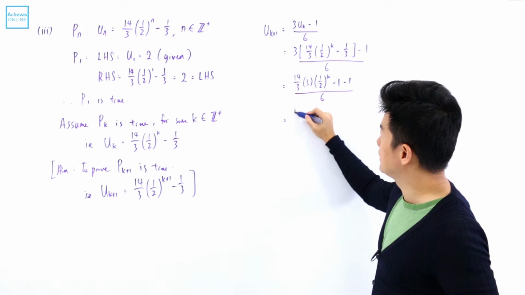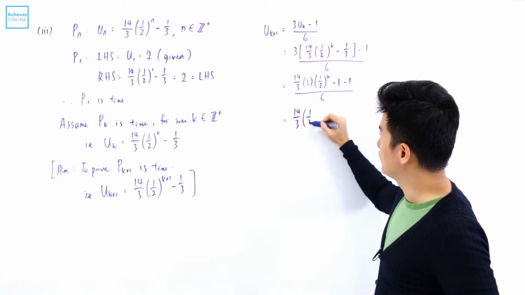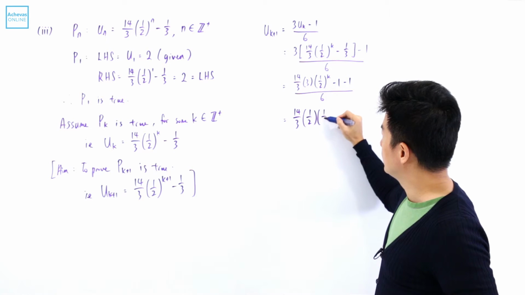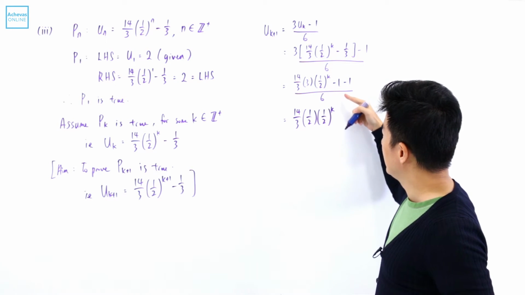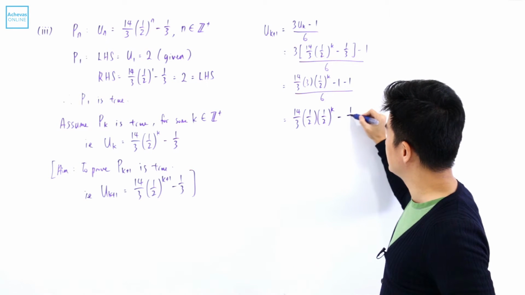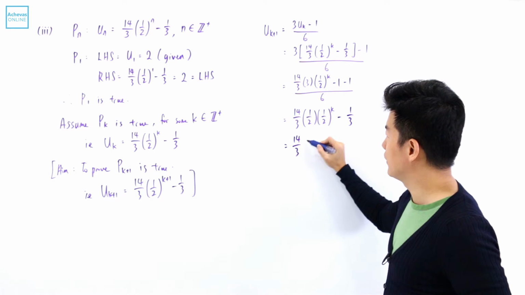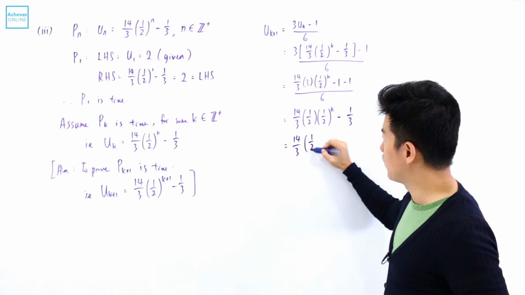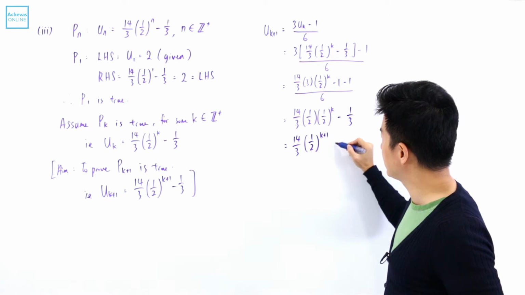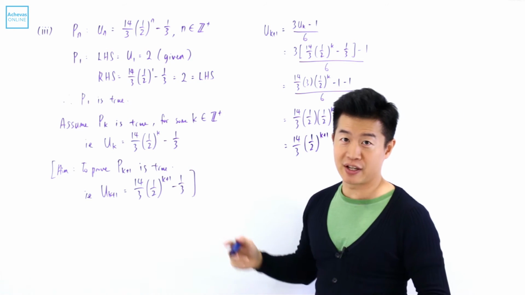This divided by this is going to be 14 over 3. 3 over 6 is 1 over 2. Then 1 over 2 to the power of k. And this is minus 2. Minus 2 divided by 6 is minus 1 over 3. And this is 14 over 3. This and this is 1 over 2 to the power of k plus 1 minus 1 over 3. And this is equal to the right hand side.